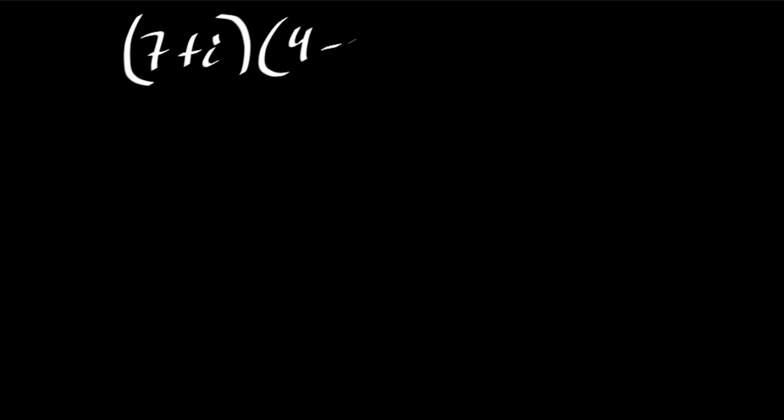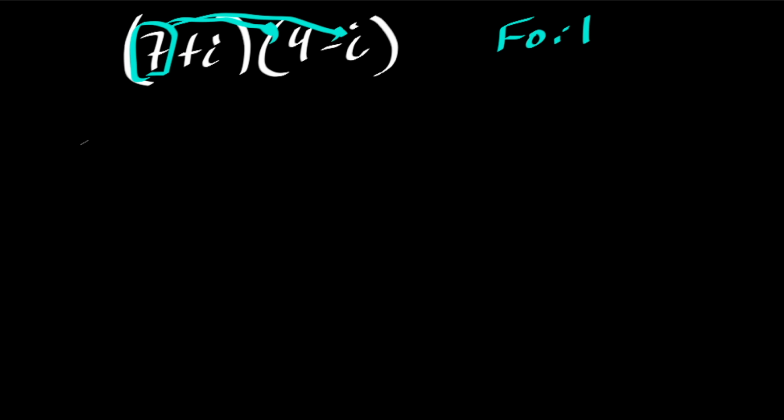Let's look at another example of multiplying just so we can get an idea. 7 plus i times 4 minus i. Now, when we're multiplying these two parentheses, we're actually multiplying two binomials, which means we need to FOIL, or we're essentially distributing twice. We're going to take 7 and distribute that to 4 and negative i. That would give me 28 minus 7i. Then we're going to take i and distribute that to 4 and negative i.